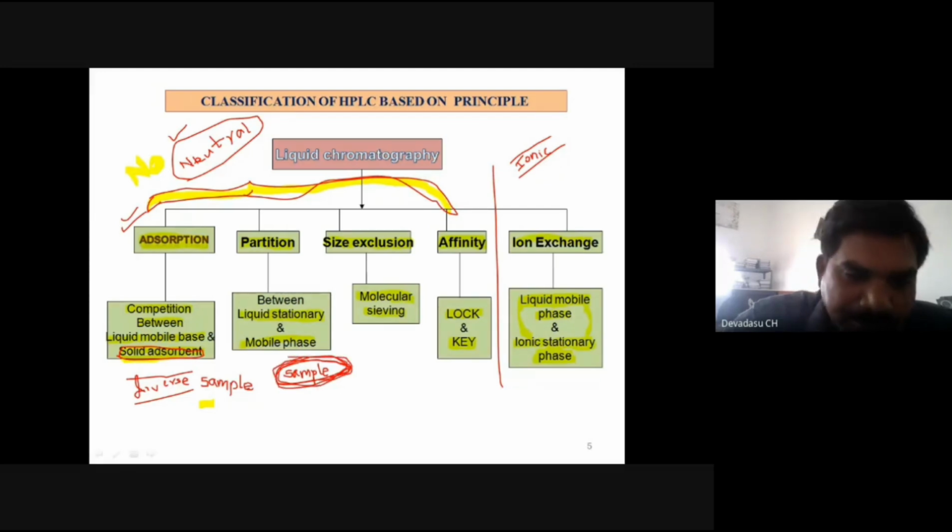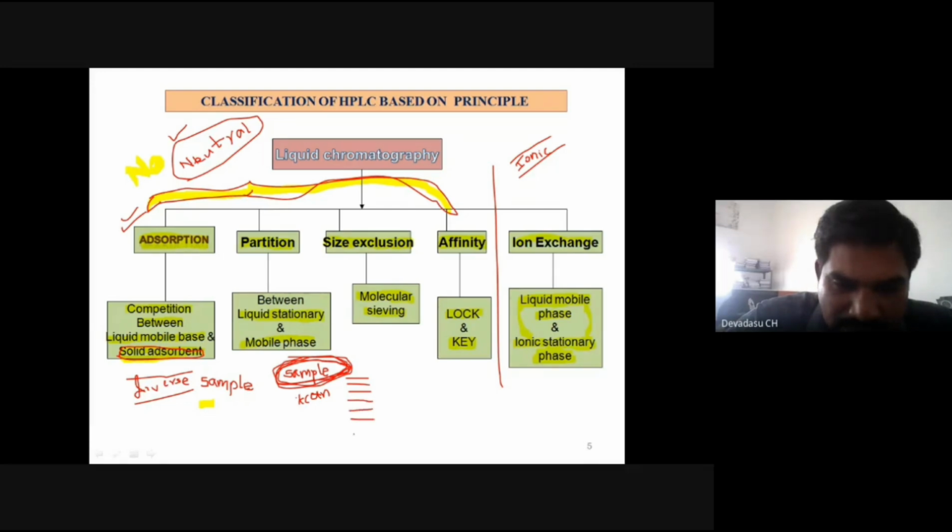So in that case, partition chromatography can resolve that type of conflict. It can. Okay. Because here the solutes are close in their chemistry.